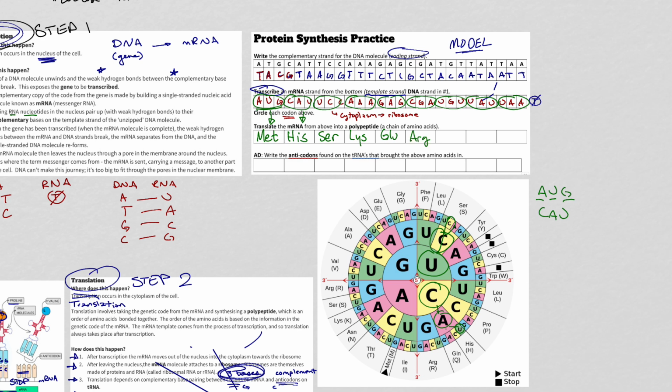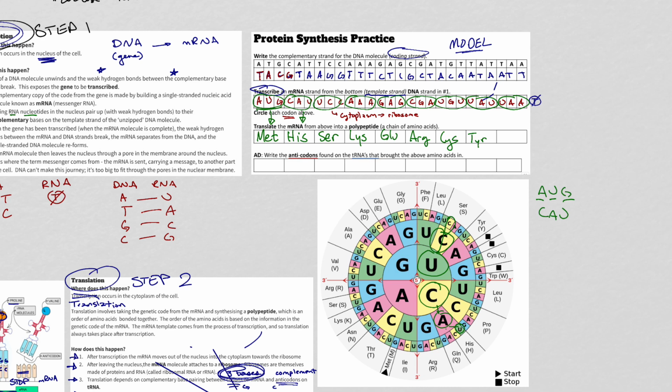Arginine is next. Cysteine. Tyrosine. And then our last one doesn't have an amino acid that goes with it.